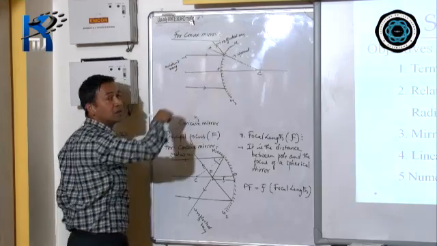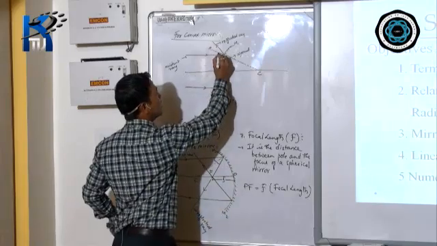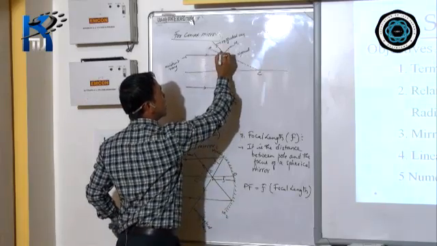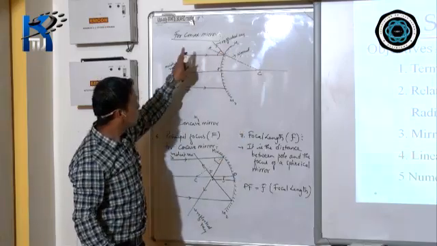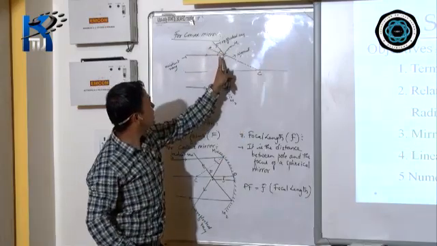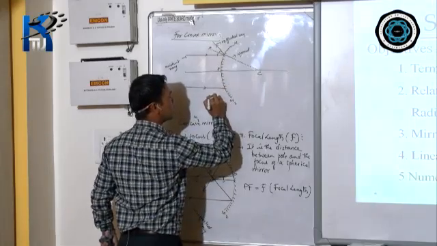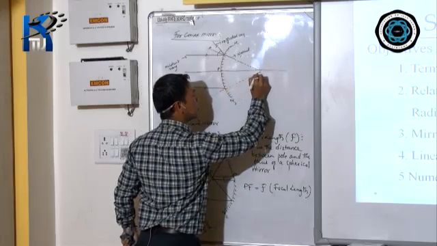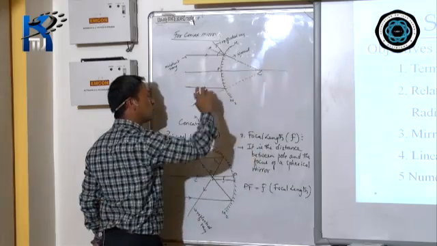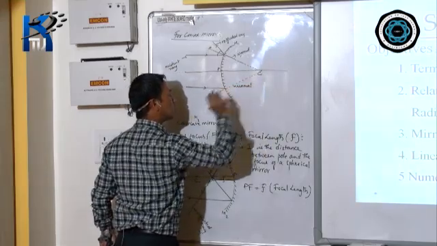Again we follow the laws of reflection: the angle of incidence and the angle of reflection will both be equal. Out here also I can draw a normal line to know in which direction the light is reflected. So this is also a normal.